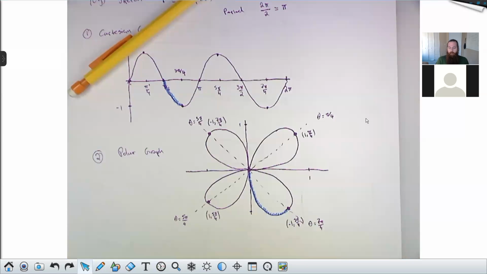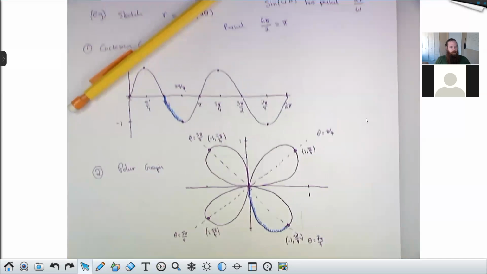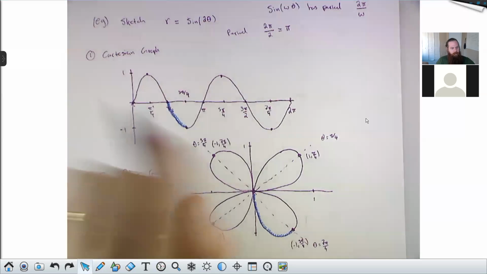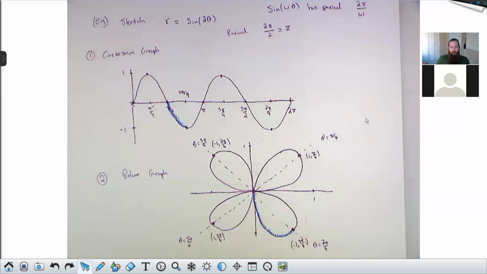So these are called petal graphs or rose graphs. And there is a relationship between the number of petals and the number inside your sine or cosine function. The new bit of material I'm going to teach you today is how to find the area of one of these things. But I wanted to go through an example with you.